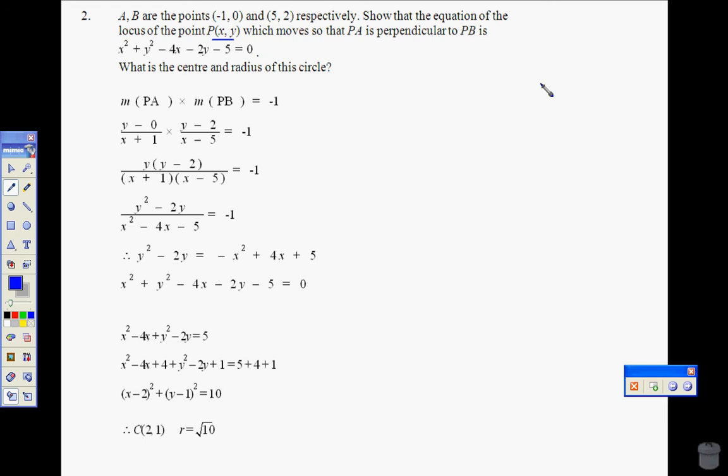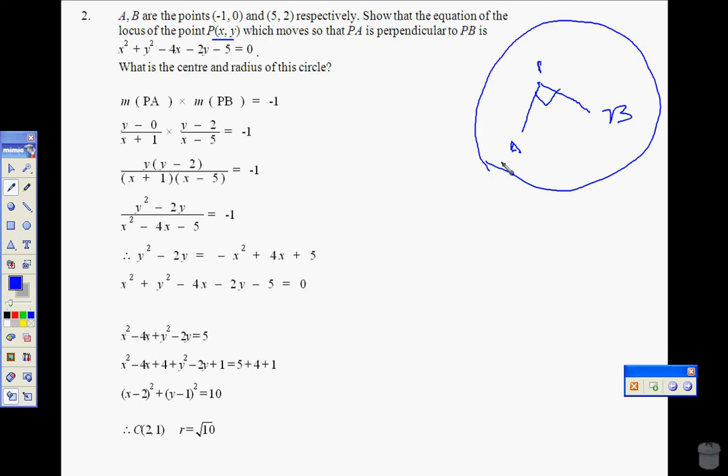So you've got a point there at P, and then you've got A, and you've got B. As long as that gives us a perpendicular, then the rule's going to hold.